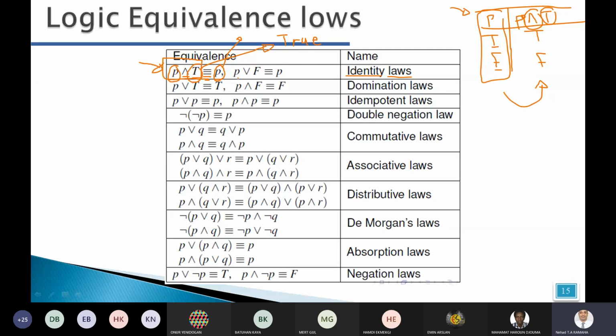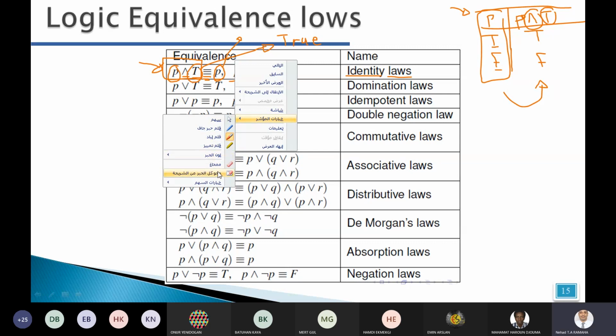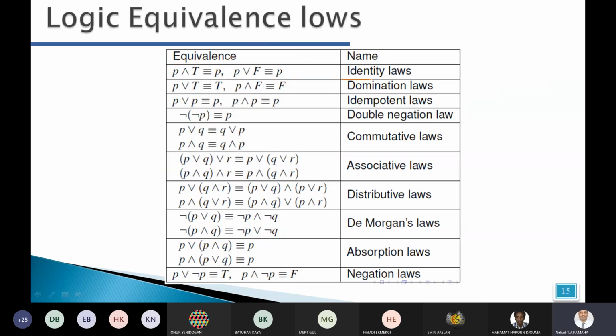Same thing if you make P or false. Here P will give you the result. If P is true, then P or false will be true. If P is false, then P or false will give you false, so it gives the value of P. Okay, this is the first law, the identity law.